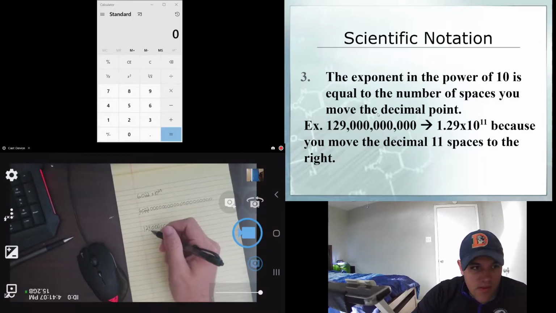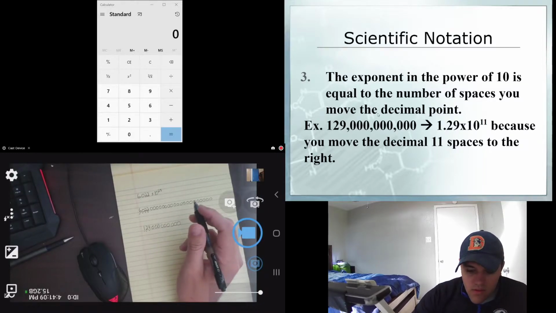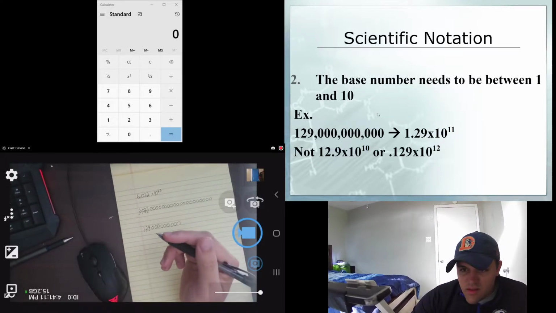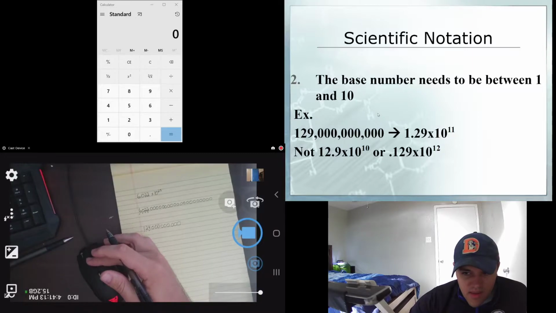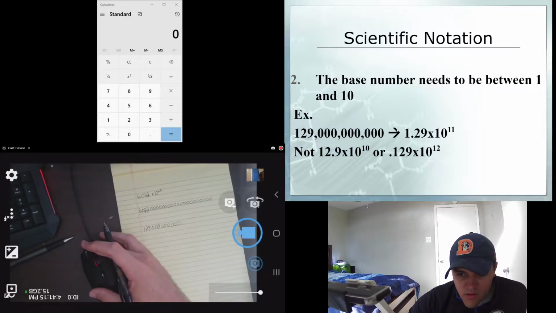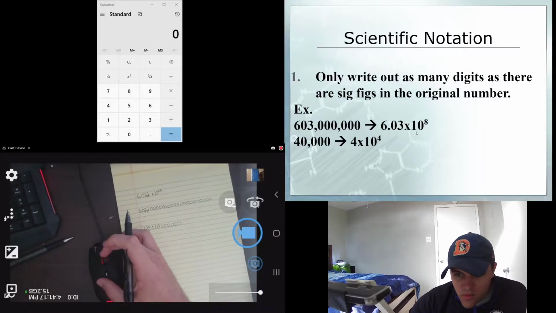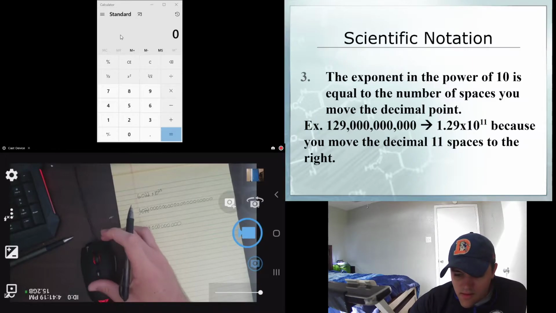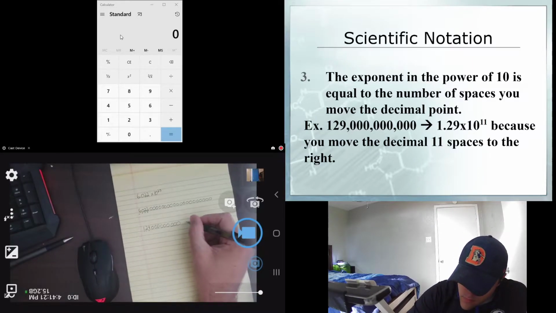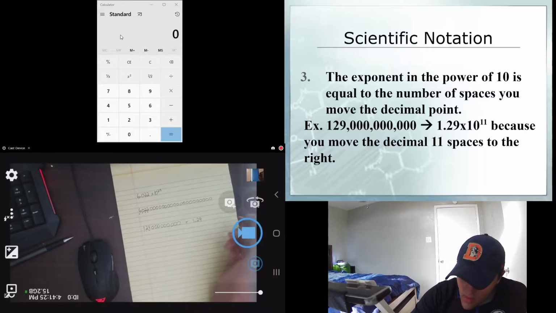Our second rule says that the base number needs to be between 1 and 10. So like we talked about a second ago, our base number is going to be 1.29.